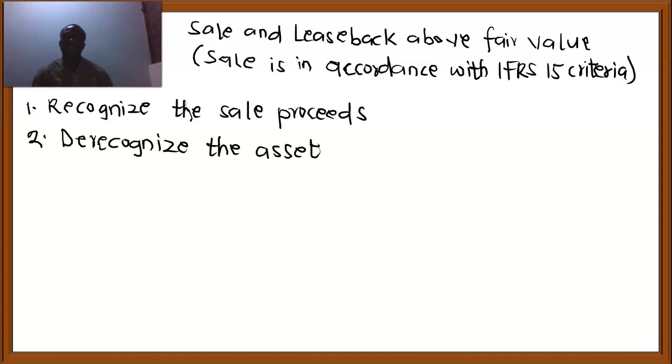When you sell an asset, you either receive cash or bank, or it becomes a receivable. Then the other entry is to derecognize the asset from your books. So you take the carrying amount of the asset off your books because you no longer control it. This is in relation to the sale aspect, the double entries you make when you sell an asset.